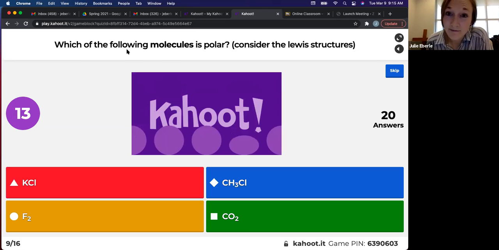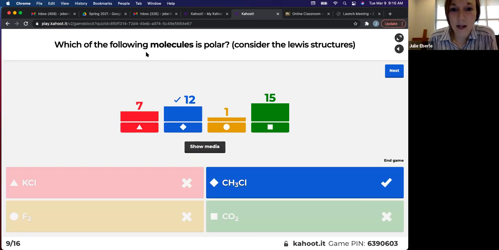If it's ionic, we don't consider it polar because it's ionic. So there should be one. We've looked at it a couple of times in lecture. Okay, that one was quick, I know. You didn't maybe have time to draw all the Lewis structures, but CH3Cl is polar. The carbon-hydrogen bonds are not the polar part, but that chlorine is very electronegative because it's an element right next to fluorine. So that one is polar.